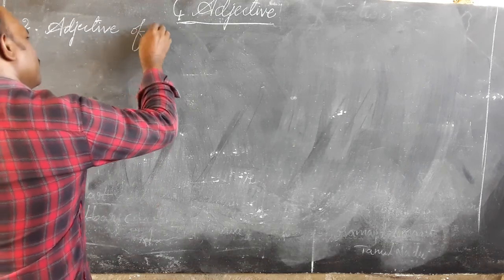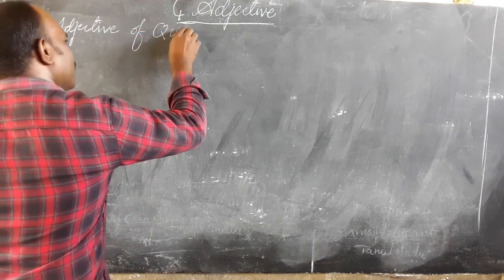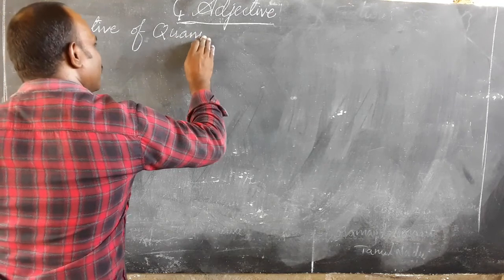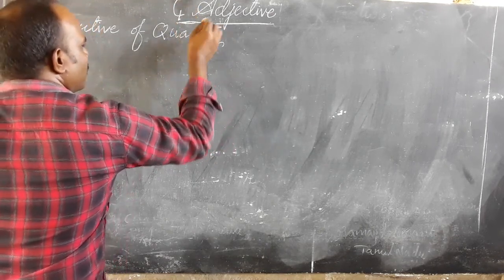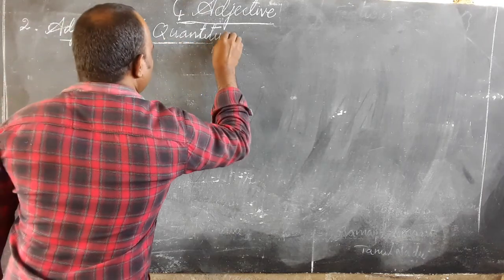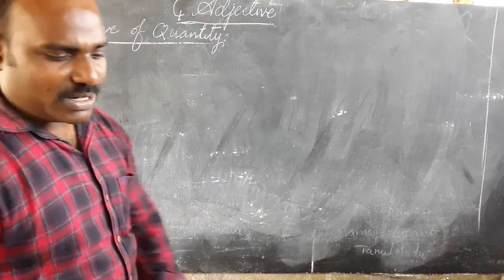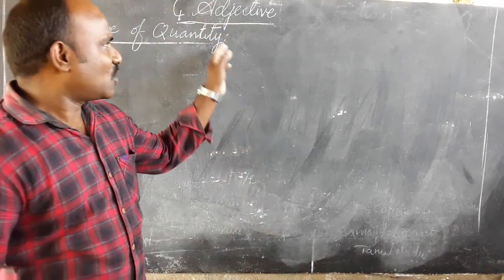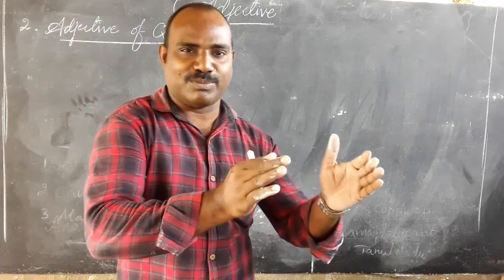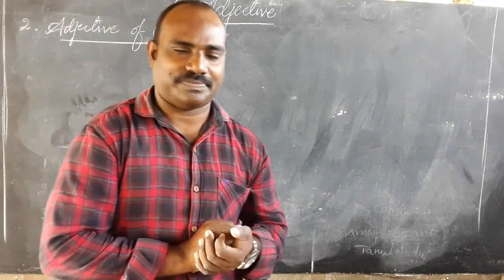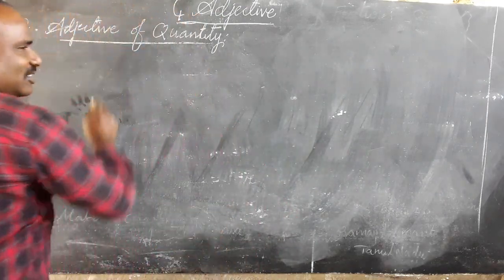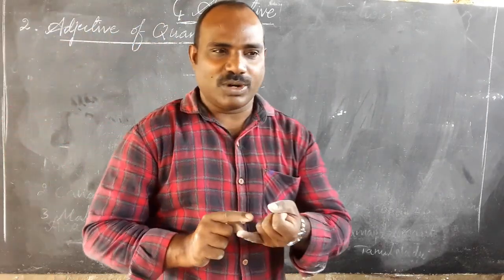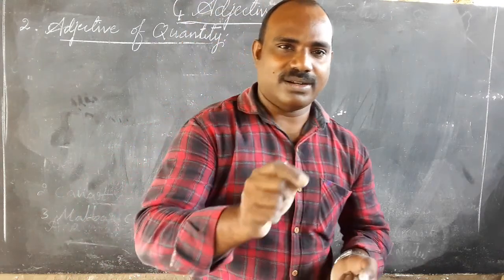Number 2. Adjective of quantity. You see, quantity means here sum. This adjective shows the quantity of someone or something.